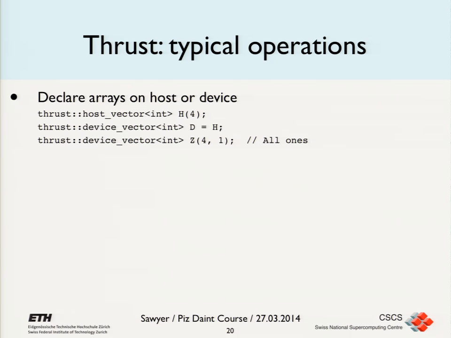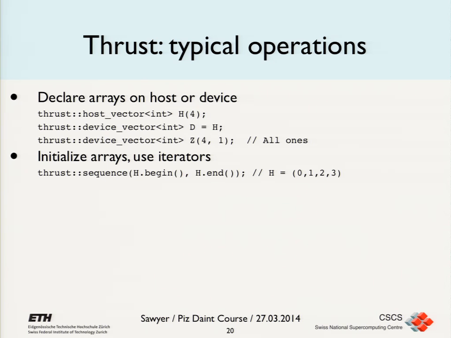You can define device vectors based on the host vector. You can just define a device vector and initialize it to a certain value, for example, 1. You can define a sequence, 0, 1, 2, 3, et cetera. You can fill a vector. I assume you know what iterators are.